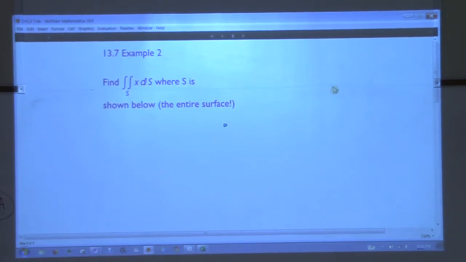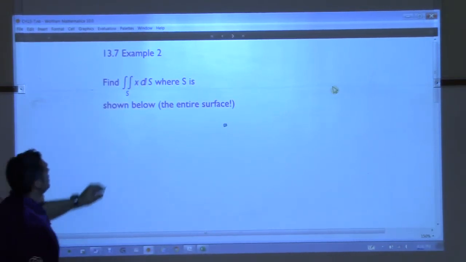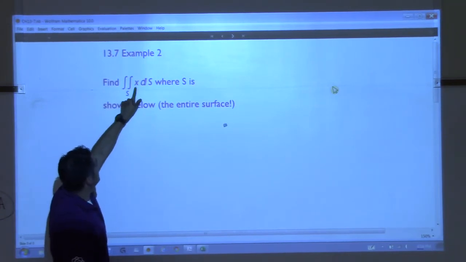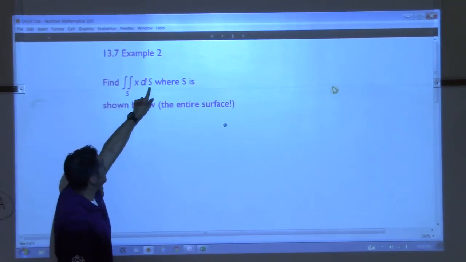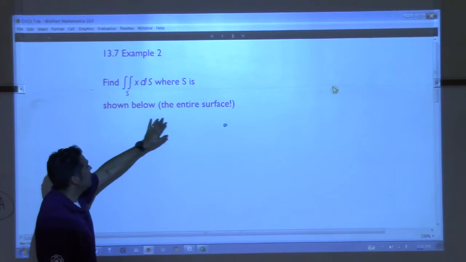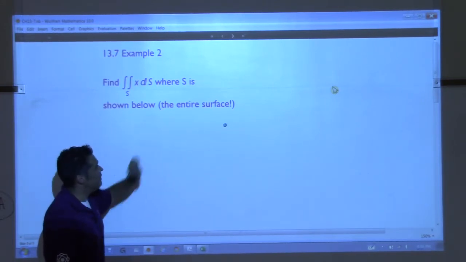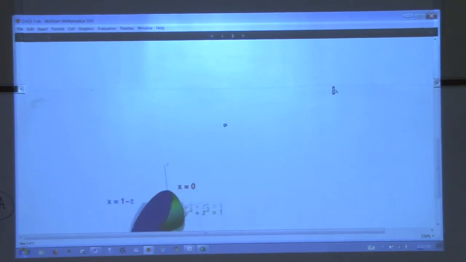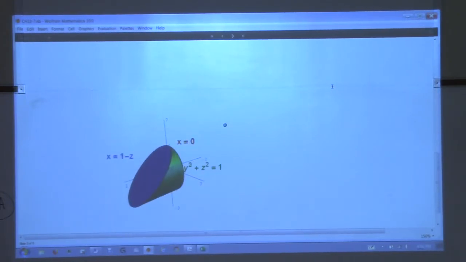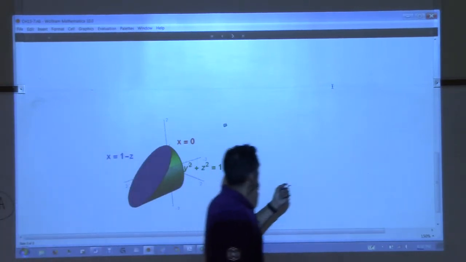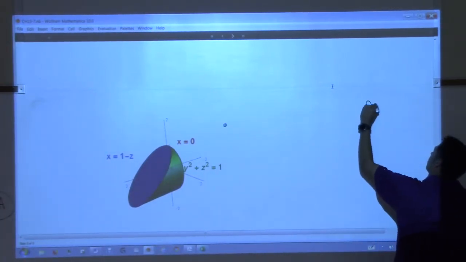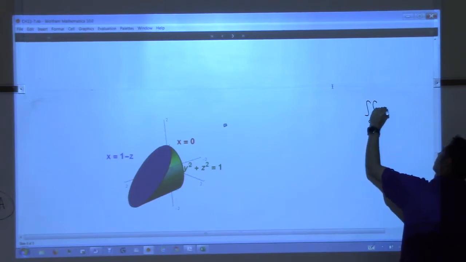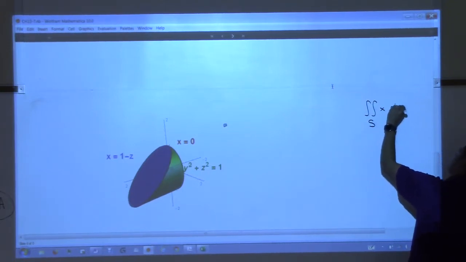Okay, let's find the double integral of the scalar function x over the surface S with respect to surface area, where S is shown below, the entire surface. So we better look at it. There it is. So we want to find the surface integral over S of x dS.